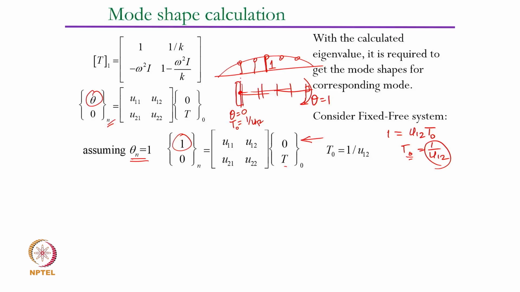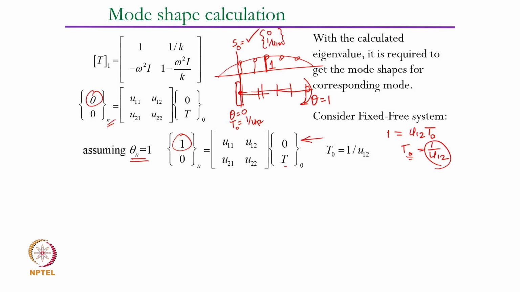So the state vector at the flywheel or a fixed end is known. This state vector S naught is completely defined, because you have T naught known and theta at the 0th station is 0. So the state vector is 0, 1 upon u12.